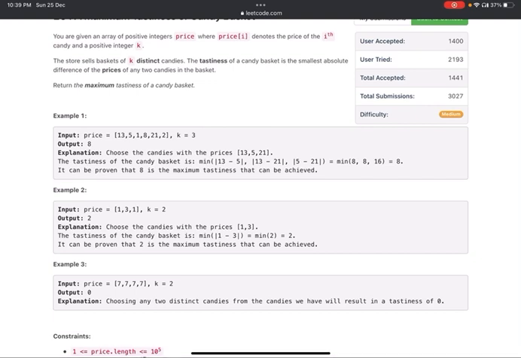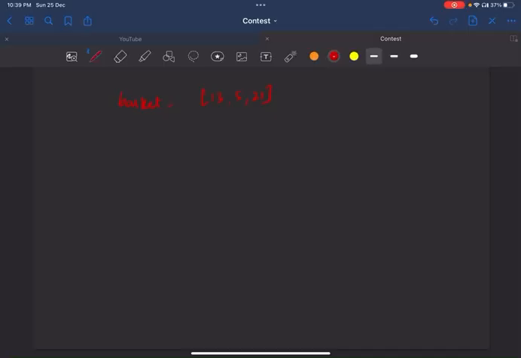Instead of checking 13 minus 5, 13 minus 21 and 5 minus 21, if we sort these values, we'll get 5, 13 and 21. For example, in example one, the basket was this. Instead of calculating the absolute difference between every pair, you can sort this array: 5, 13, and 21.